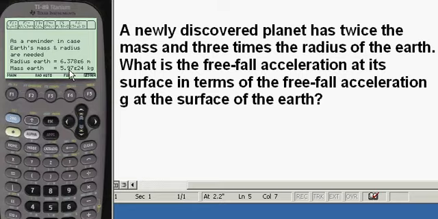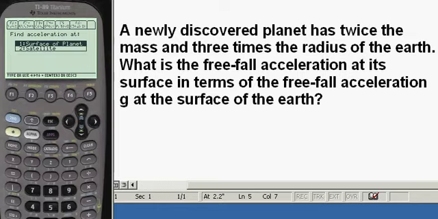Now I show you these. 6.378 e to the 6 is the radius of the Earth, because this is about the Earth. So I give you the heads up on that. Write those on your paper so when you put them in the entry line, you don't have to memorize them. I kind of know them by heart, but I've done so many of these. But anyways, we get through that, and we're asked to find the surface of the Earth.